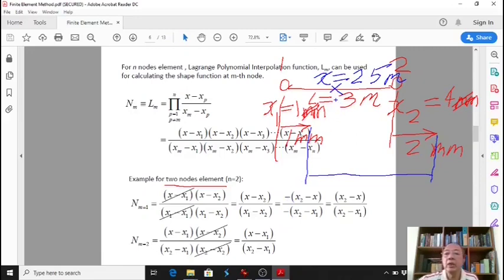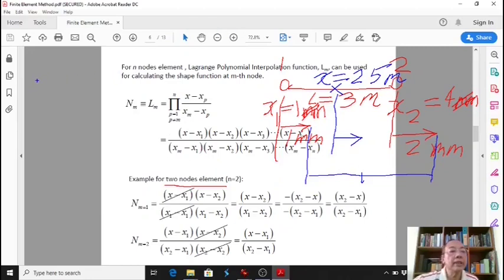So we are going to find what is the displacement here. So this is go to new position here. So we can use this interpolation function just now. So ux is equal to, okay, I write it here.